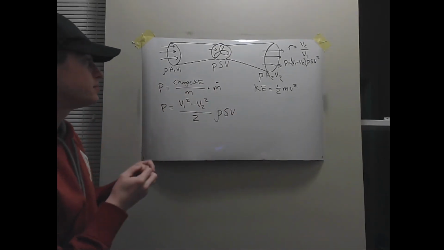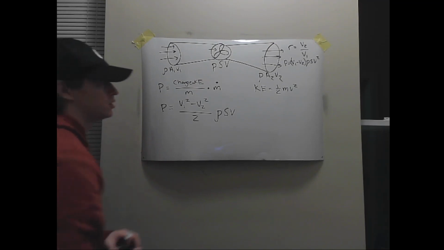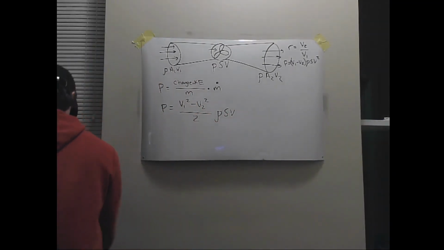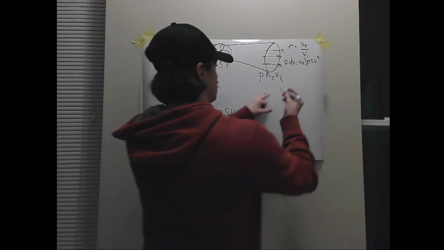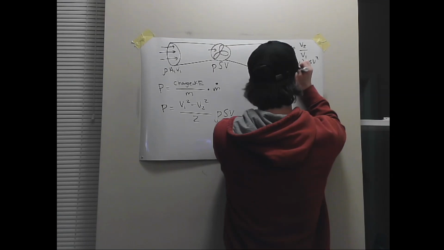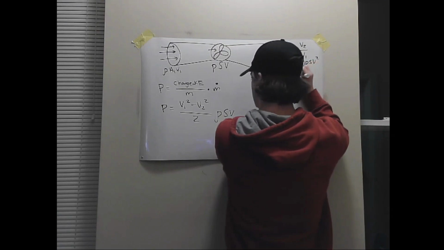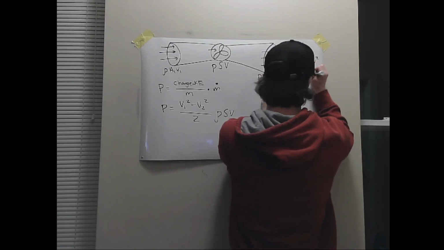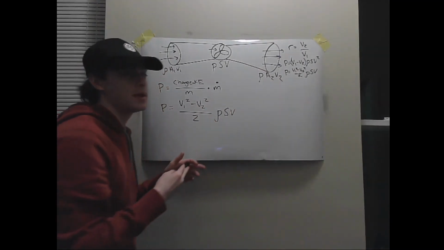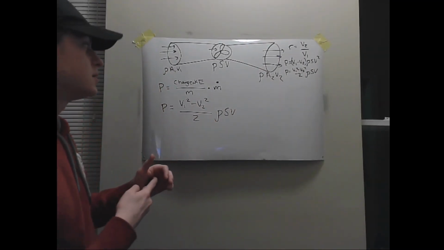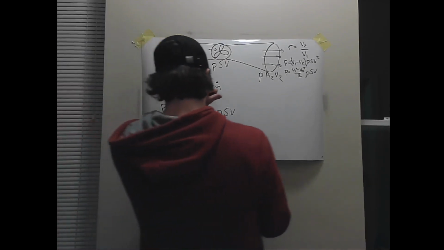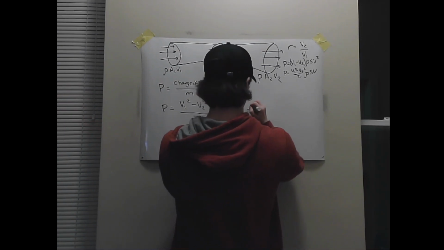So now from here, I'm going to get rid of this expression and copy this power expression off to the side, because I'll use it again later. And our next step in this derivation is to set these two power equations equal to each other.